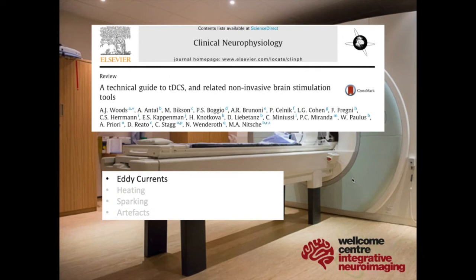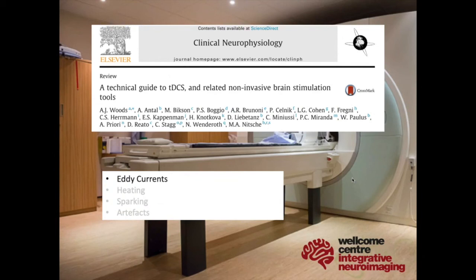To prevent that, there are a number of things you can do. We're very, very careful not to have little loops, particularly in the transmit receive areas, and you lay the wires straight as much as you can and take them away from the subject and away from the scanner as soon as you can. The fiber optics in some of the commercially available kits are very useful for that as well.